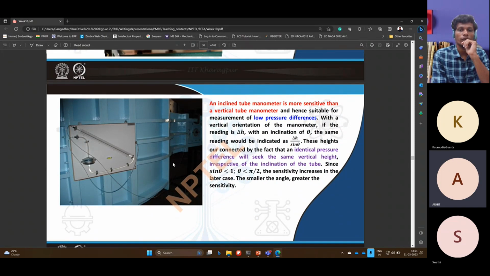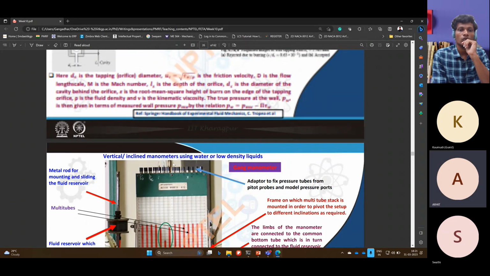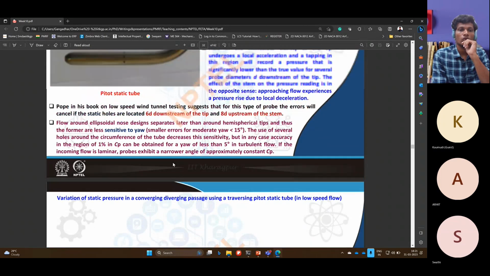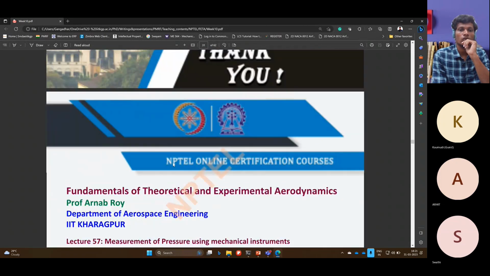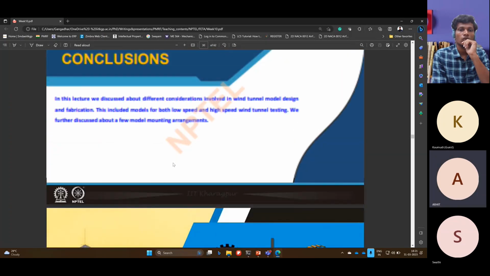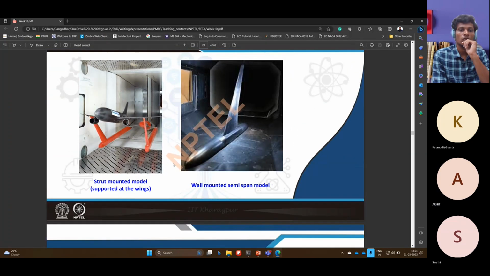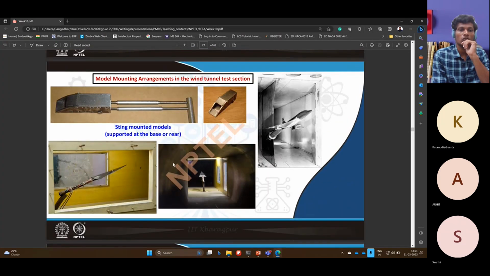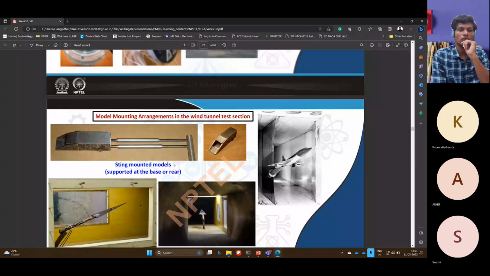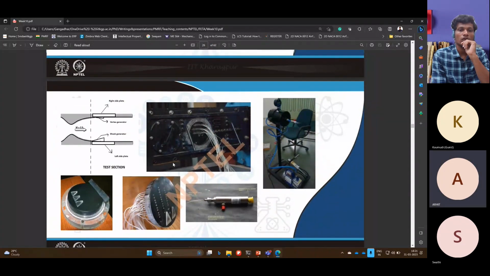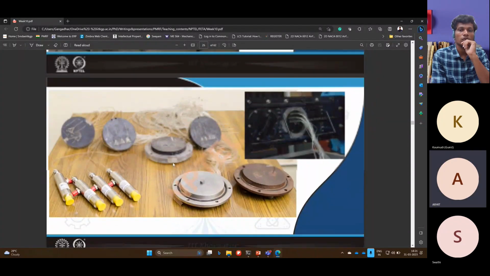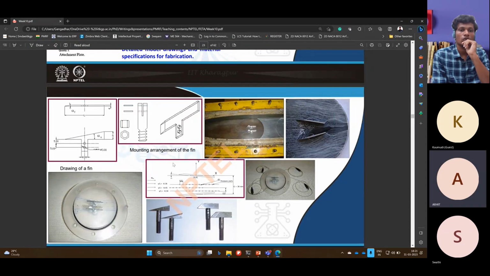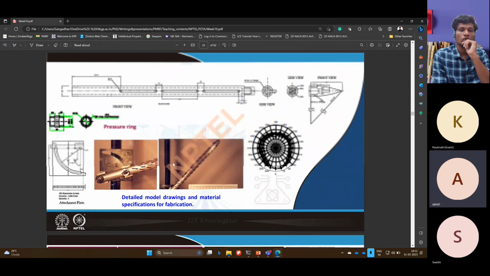Boundary layer, wedge-shaped object was there, before this lecture. This one, mounting arrangements in the wind tunnel section, before this, vortex generation. The first lecture only, I think so.